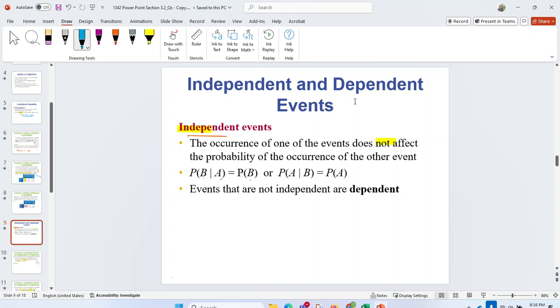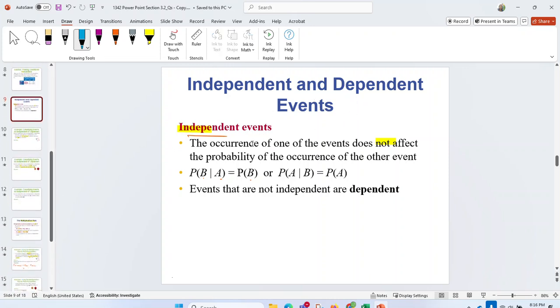Okay, so what's a dependent and independent event? Dependent and independent events: if event A happening does not affect event B happening, that's called independent. If event A happening affects whether the other event happens, we call it dependent, right?